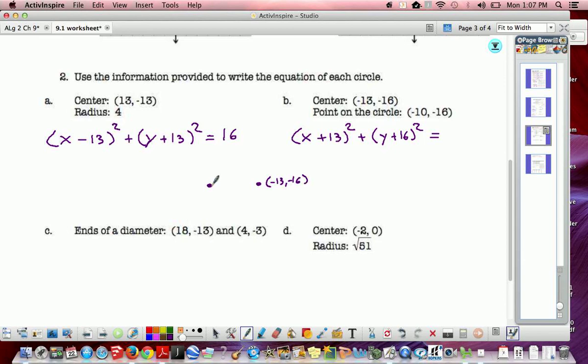Well, -10, whoops, wrong direction, would be over here. Notice how the y coordinates are the same, and the x coordinates differ by 3, so that would make that value 9, because my radius would just be 3 for my circle.